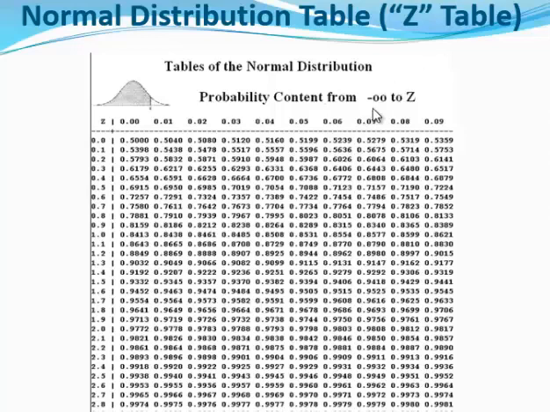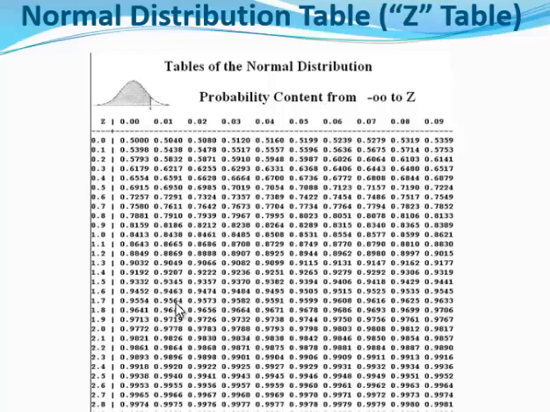This is the probability content from negative infinity, which means from the lowest number possible, whatever that might be, all the way up to this number of standard deviations. Now, if I ask you, for example, how many standard deviations do I need in order to be 95% certain that my data will be less than that number of standard deviations away?